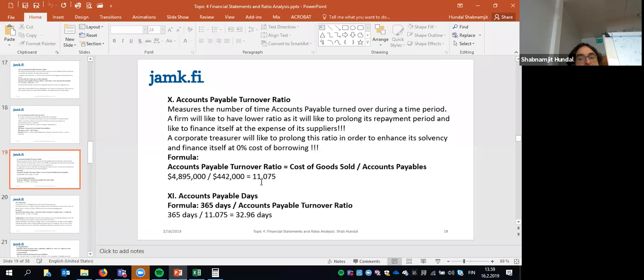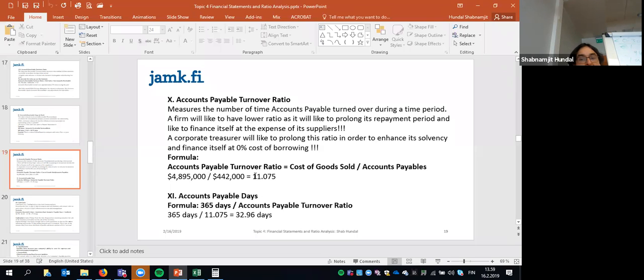The ratio is 11.075. And so you can see the interpretation. A firm will like to have a lower ratio as it will like to prolong its repayment. So you want to prolong the repayment period.